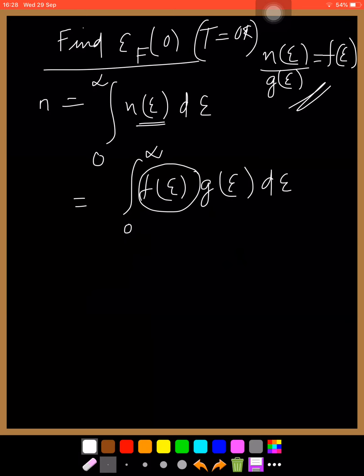F(E) ഈസ് 1 for E less than EF0 and F(E) is equal to 0 for any E greater than EF0. ഇപ്പോൾ EF0യുടെ മുകളിൽ F(E) ഡിസ്ട്രിബ്യൂഷൻ ഫംഗ്ഷൻ 0 ആണ് അല്ലേ? ഇലക്ട്രോൺ E ഗ്രേറ്റർ ദാൻ EFൽ ഡിസ്ട്രിബ്യൂട്ട് ചെയ്തിട്ടില്ല. സോ F(E) ഈസ് 0 for E ഗ്രേറ്റർ ദാൻ EF0.